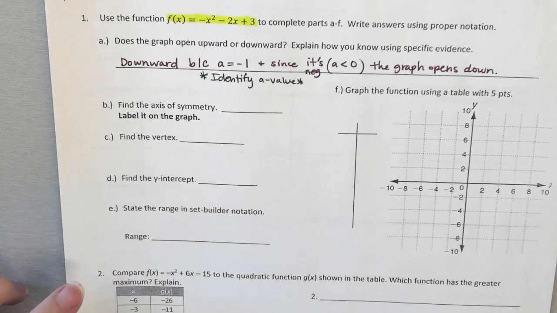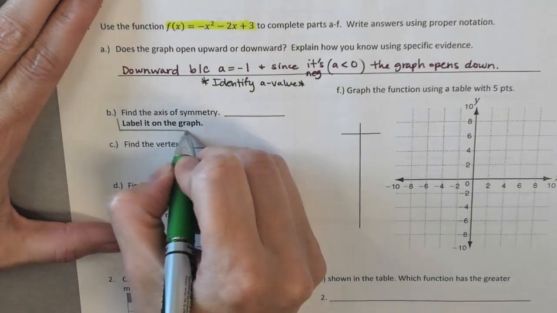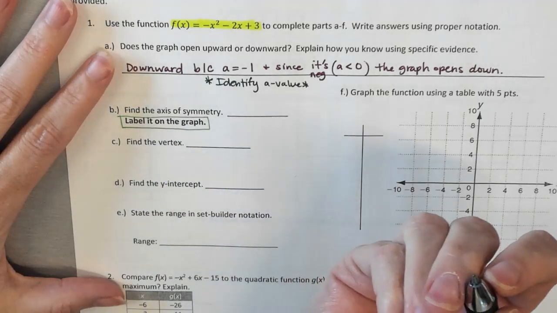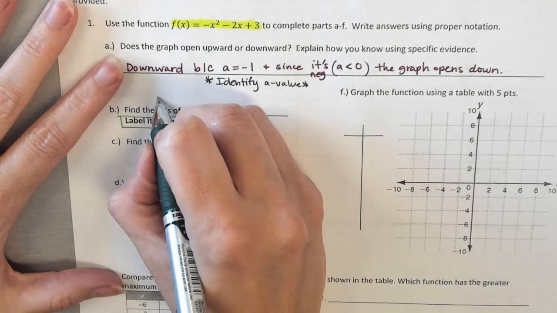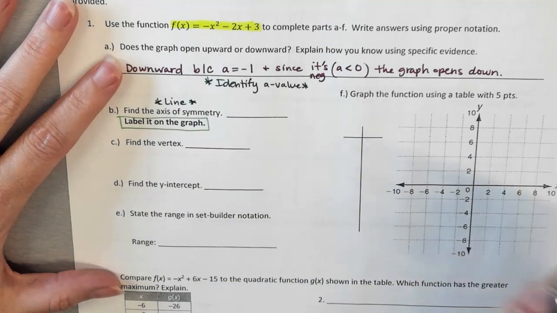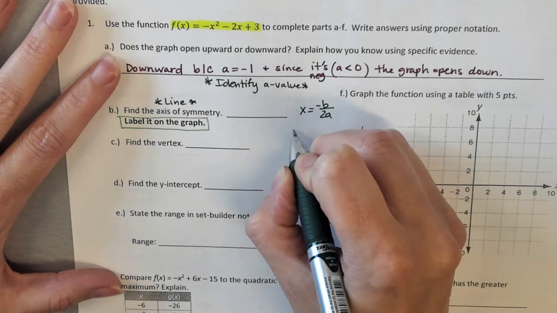Okay, for the next one, it's the axis of symmetry, and then it says label it on the graph. When you are doing the axis of symmetry, this one we're picky about because the axis of symmetry is a line. If this is a line, you have to have an equation for it. So your equation is the opposite of B over 2A.